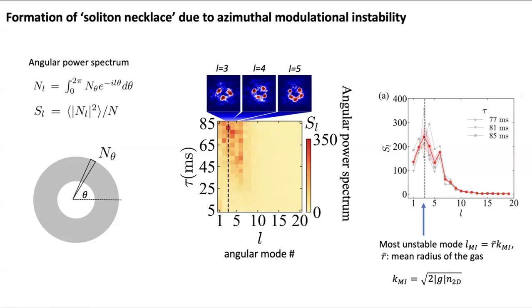If you compare this, this mode number must equal the most unstable wave number coming from modulation instability times some number. It turns out this number is very close to the average radius of the gas, which is about 10 microns, and it agrees pretty well.